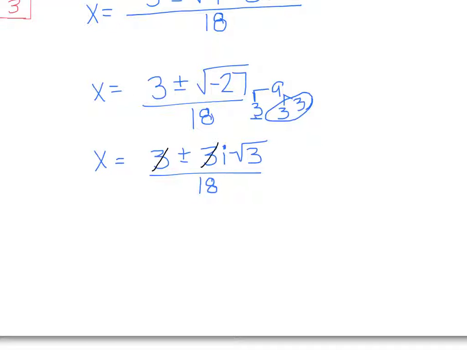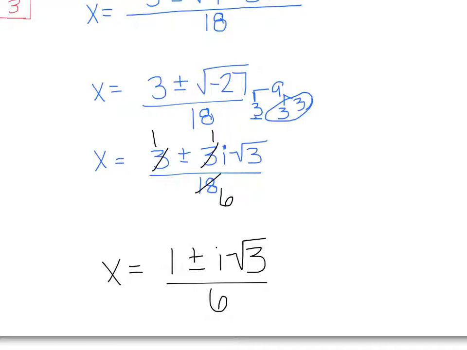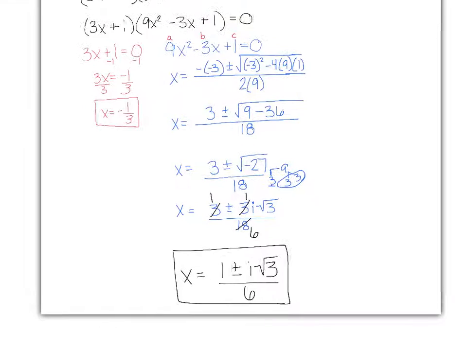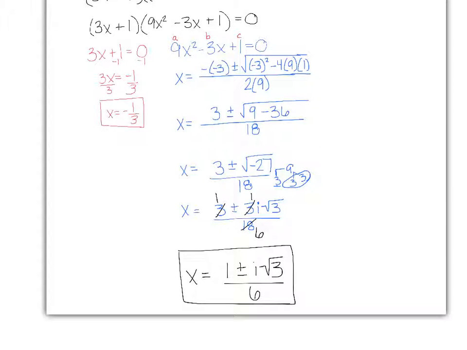Yeah, the 3's turn into 1's, and the 18 turns into a 6. So our answer is 1 plus or minus i square root of 3 over 6. And that is the other 2/3 of your answer. 1 is the positive, 1 is the negative. You have 3 answers there: this answer, this one using the plus, and this one using the minus. So those are your 3 roots for this problem.